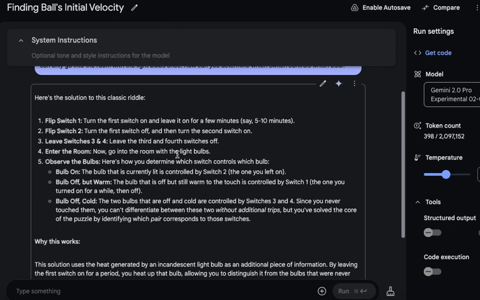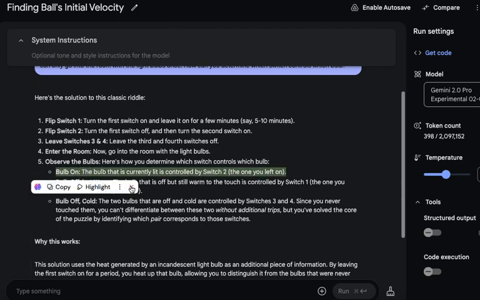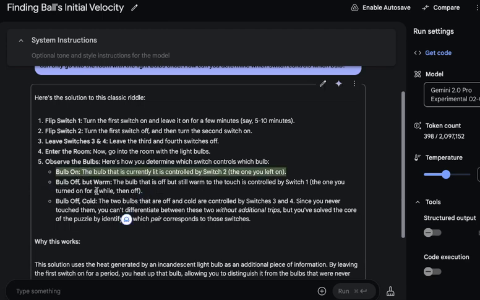Enter the room and observe the bulb. Bulb on is controlled by switch number 2. Bulb off but warm is controlled by switch number 1. That's correct. The two bulbs that are off and cold are controlled by switches 3 and 4.